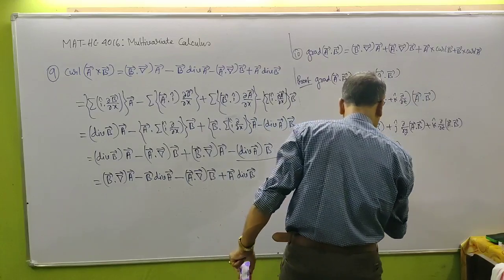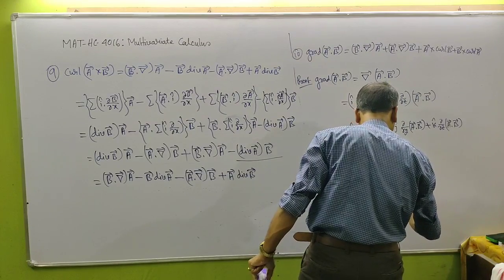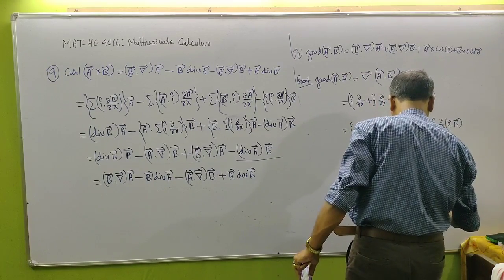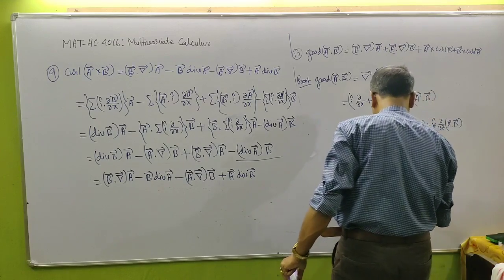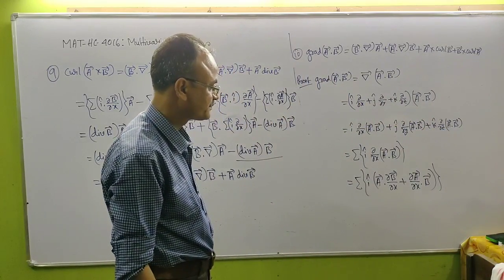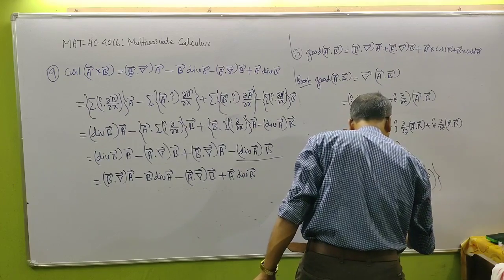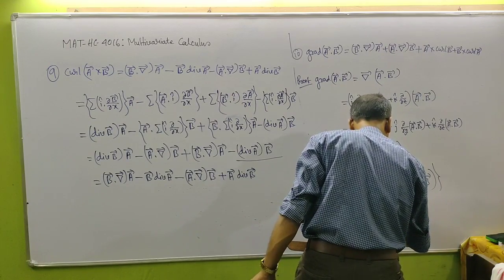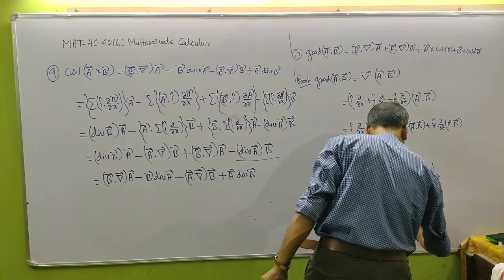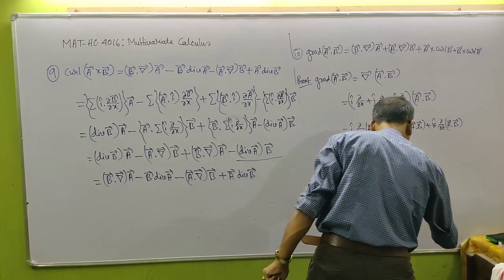Now, differentiation, it will be A dot del B by del x plus del A by del x dot B. You may write like this, summation of A dot del B by del x plus del A by del x dot B, i cap.